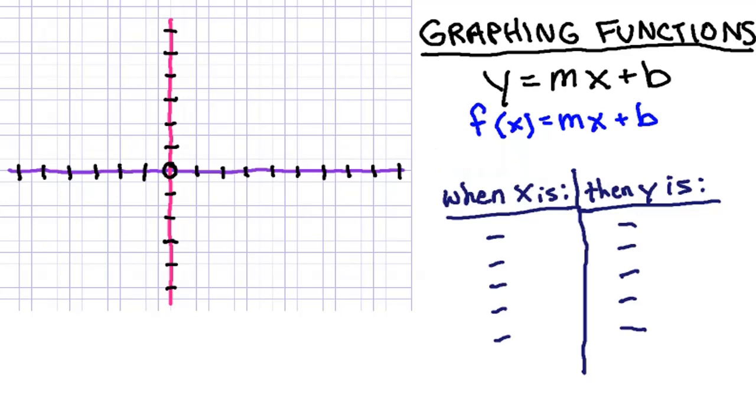Now this is just a fancy way of saying the same thing as what we were saying in our slope-intercept form, y equals mx plus b. But this f of x just means you are automatically going to know to do this: pick some numbers, plug them into x, and then figure out what the outcome is.